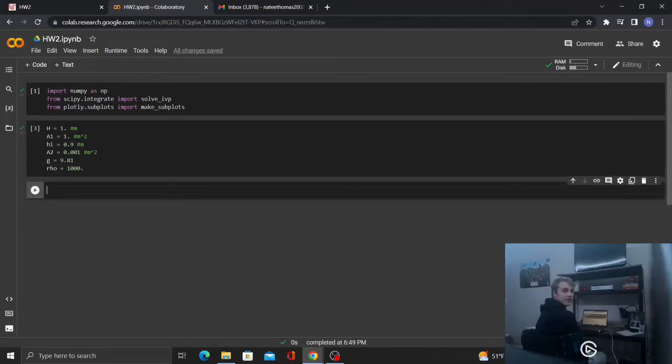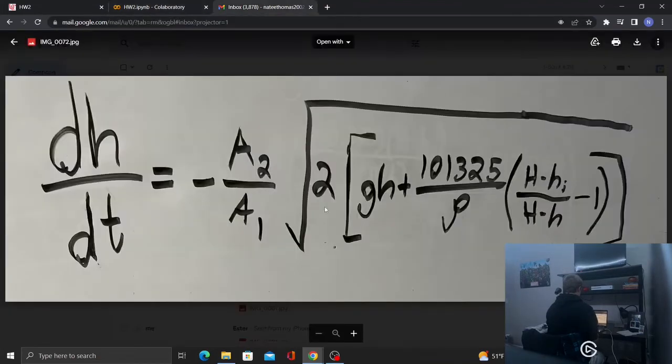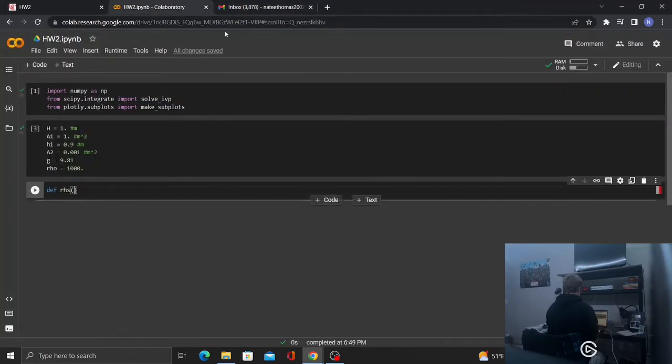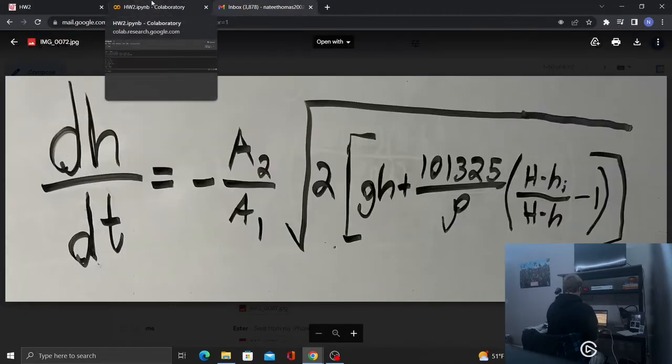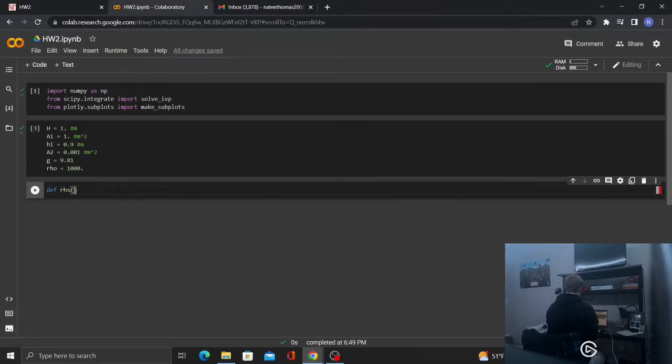So now we're going to want to define a function that we are eventually going to use solve_ivp on. I'm going to define a function, and I'm going to call it the right-hand side of this here. And we're going to have two variables, time and height, which will be represented by y.